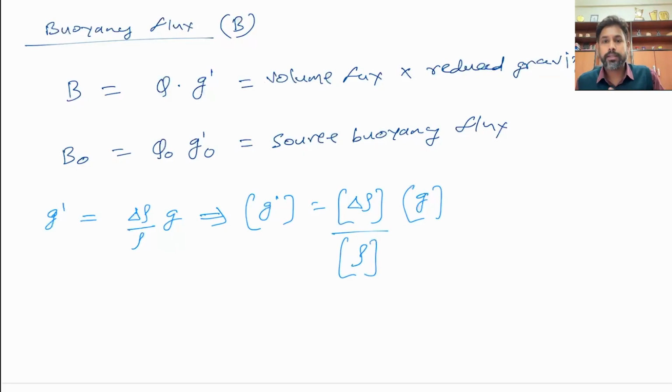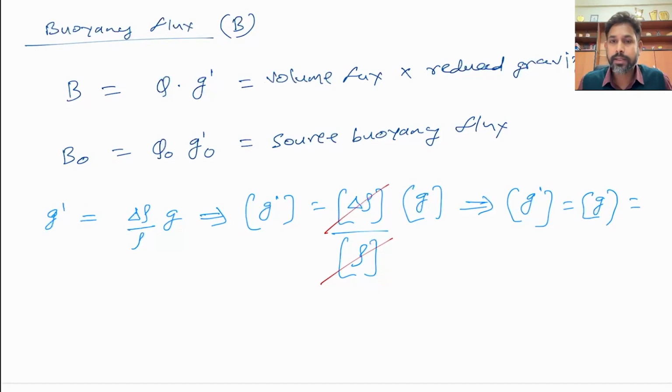We are trying to define the dimensions, so we know that delta rho and rho must have the same dimensions, and that's why they cancel each other, and this effectively means that g prime has the dimension of g, which basically is meter per second squared. Okay, that is something we already know.